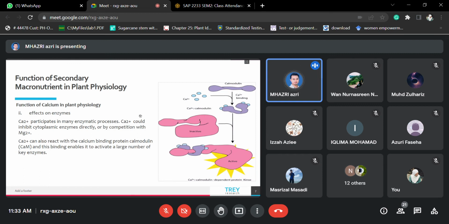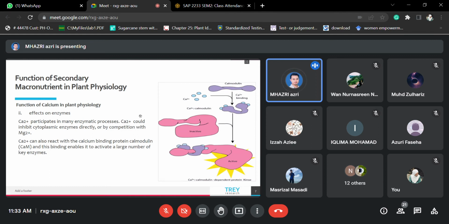So how can it become an enzyme deactivator? Certain proteins, certain enzymes, require a cofactor. What is a cofactor? A cofactor is an element that needs to bind with enzymes so that the enzymes become active. Its active sites are exposed and can be activated. There are certain enzymes that require magnesium to activate so that the enzyme can catalyze certain metabolic processes. Calcium can deactivate these enzymes by binding at the active site.